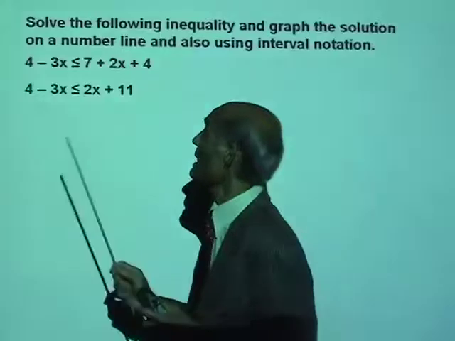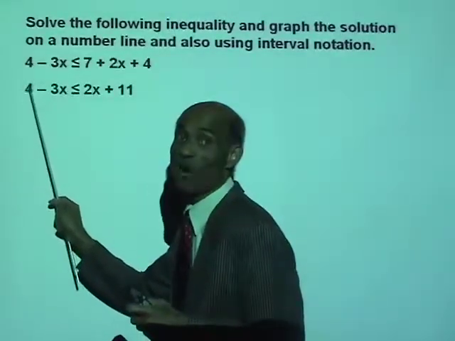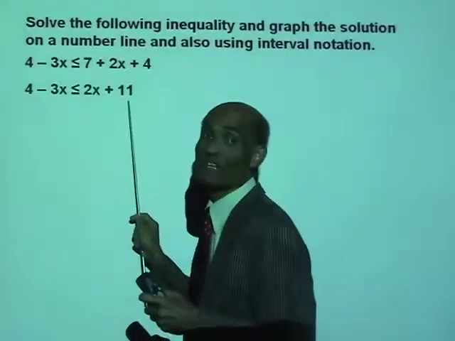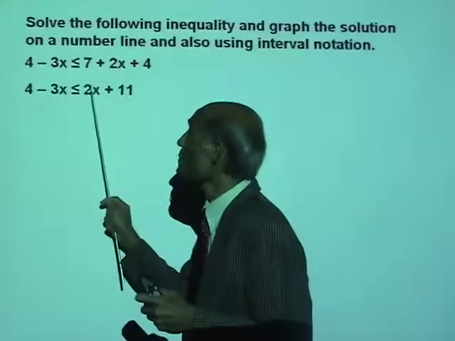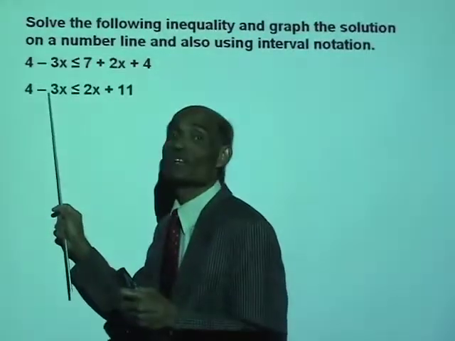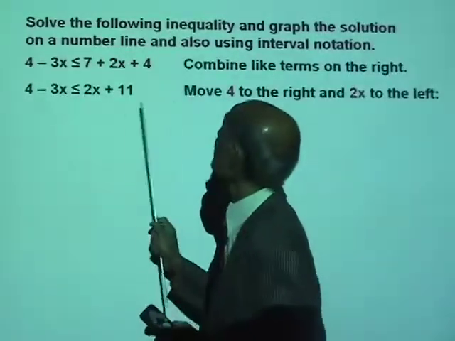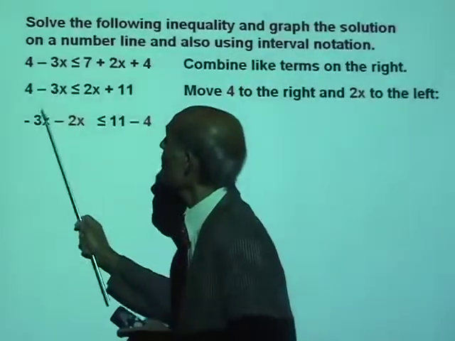Okay, in the next step, move the 4. See, 4 is positive on the left. Move it to the right, it will become negative. And move the 2x from the right to the left, it will become negative 2x. So, we have negative 3x which is already on the left.